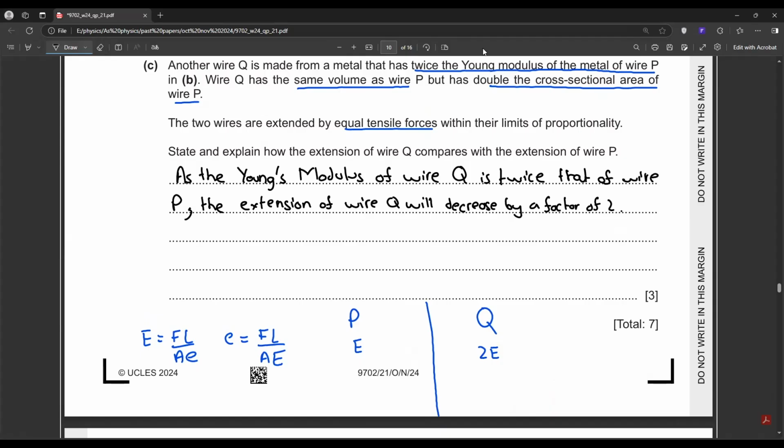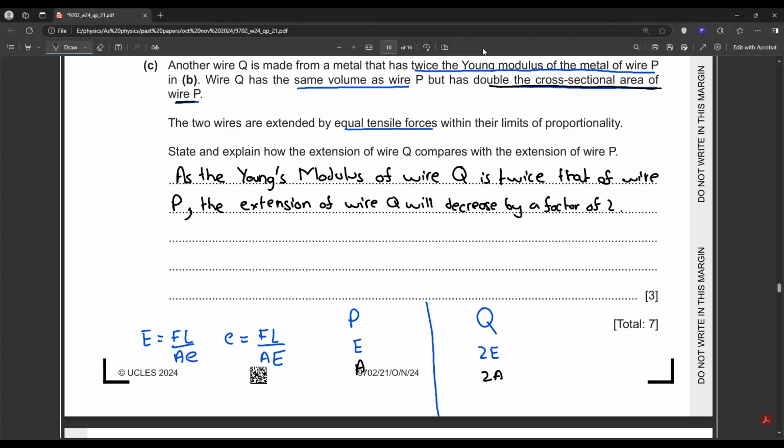Let's further examine things. Now you are also given one more thing. Wire Q has the same volume but has double the cross sectional area of wire P. So you will have twice the cross sectional area here. Can you see area is also inversely proportional to extension? So as area doubles, extension further decreases by a factor of 2.